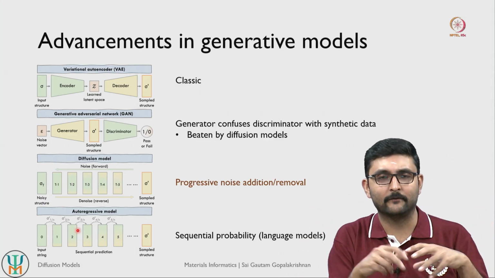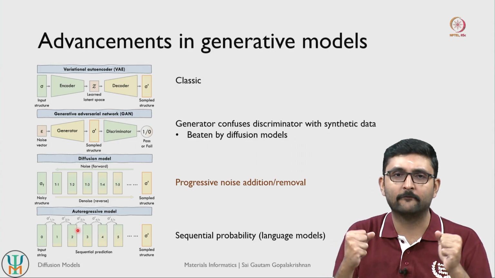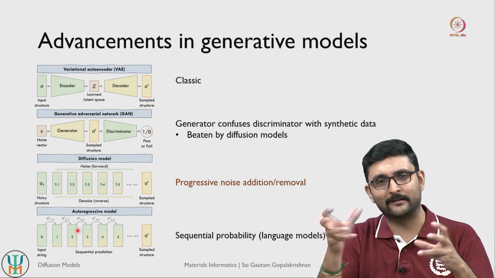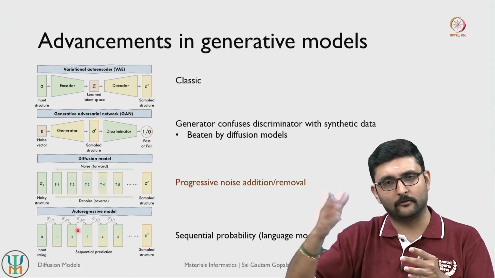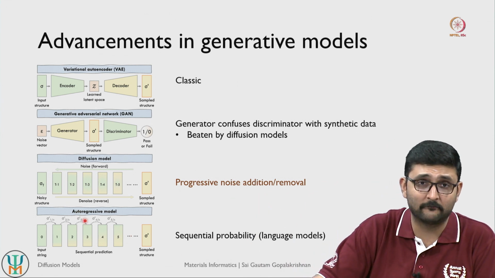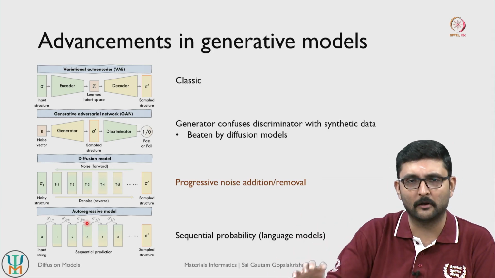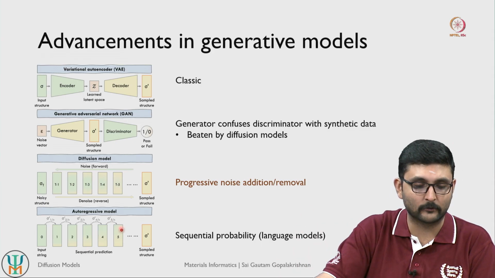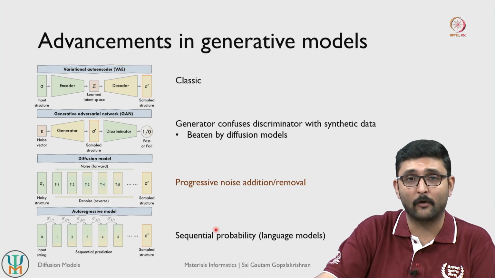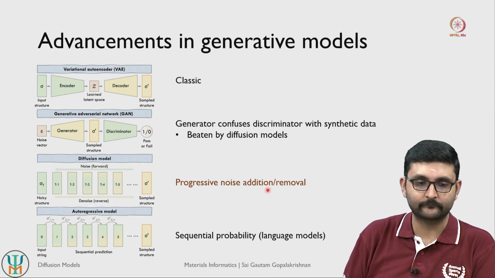So if you give it a target of, write an essay about Indian history or the Indian independence movement, for example, then it will try to find words that match the theme, and then keep adding words in a sequential manner. So autoregressive models are more popular among language models in general, not necessarily among graph models. So we won't discuss very heavily how autoregressive models work, but we will look at how diffusion models work.